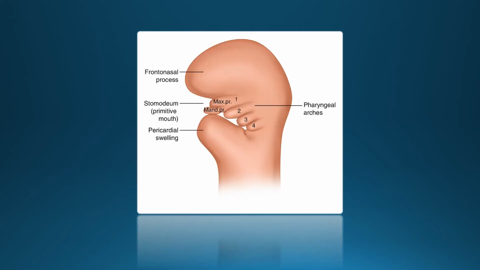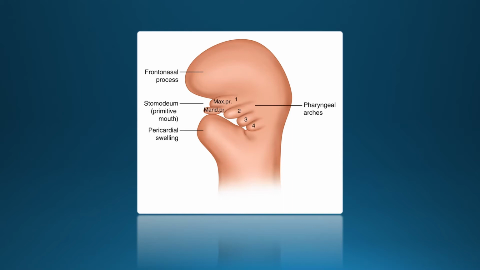So the development of the face occurs by means of three processes. The first one is the frontonasal process, and then a pair of maxillary processes and a pair of mandibular processes. The maxillary process is a part of the mandibular process only.